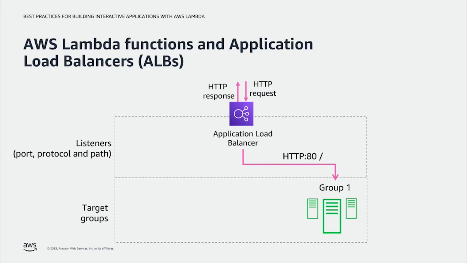So here's what that looks like, right? You can set up listeners that will route those requests according to port, protocol, and path. So you can route anything coming in on HTTP 80 to go to your EC2 instances in group 1. You can route anything that is /order for an additional microservice that you might be building out to go directly to a Lambda function in group 2.